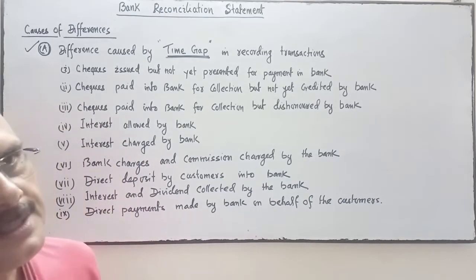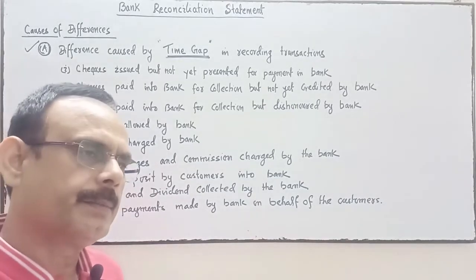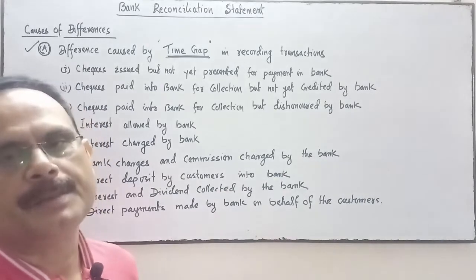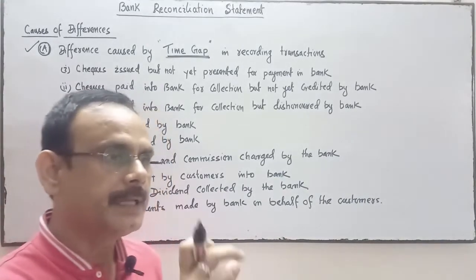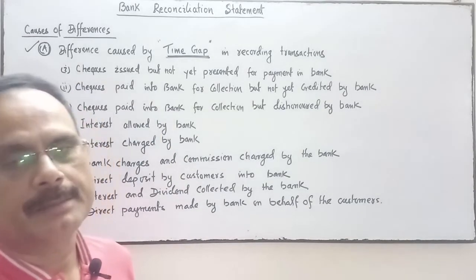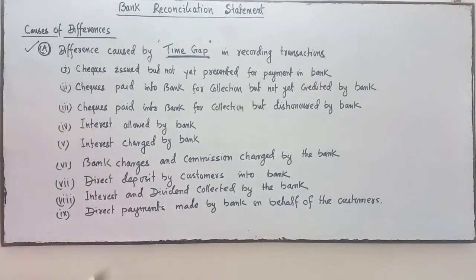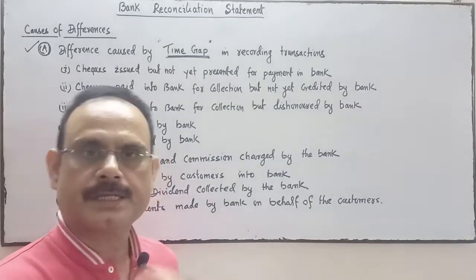So if such an instruction is given by the customer to the bank, and the bank has made this type of payment, but the information regarding this payment is not given by the bank to the customer on time, there will be a difference between the bank balance as per cash book and the bank balance as per passbook. Is it clear?